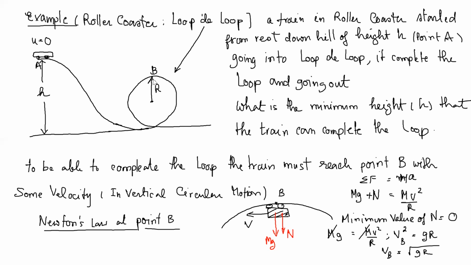They want the people on the train to experience a fraction of weightlessness at this point. So they want you to have at least mg, with velocity equal to the square root of gr at this point.